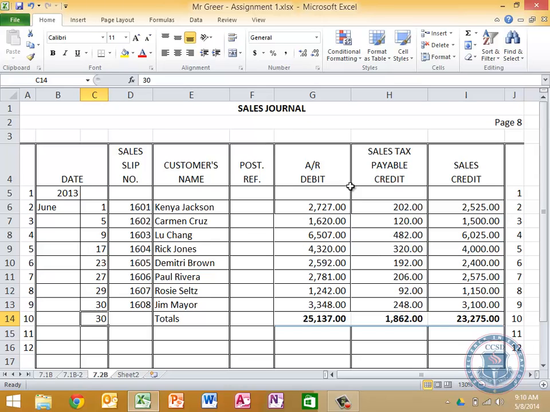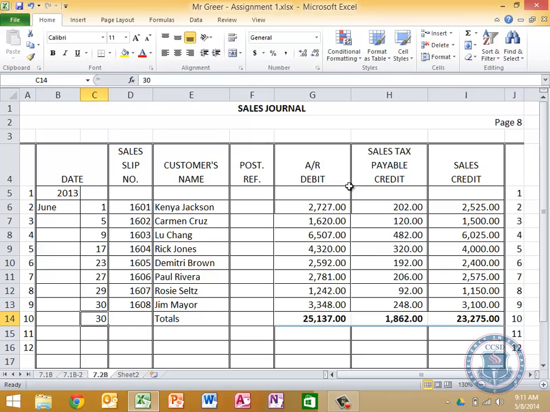Do you have 2525 in row 2? Do you have 1500? Do you have 6025? Do you have 4000? No? Do you have 2400? I had all of those numbers. Well, then they'll all add up right. No, then your formula was wrong. One of the two. Numbers don't lie. Neither do formulas.